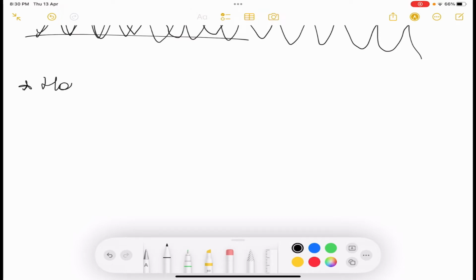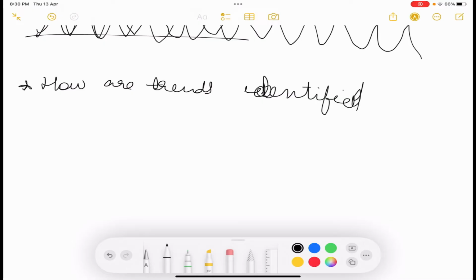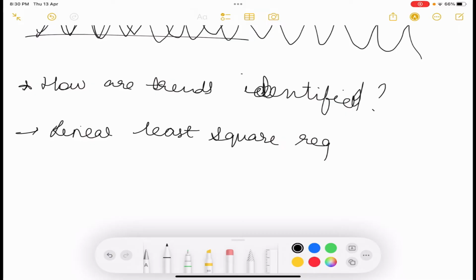So how are trends identified? Linear least square regression. This is one method which is used to identify the trends. This is a statistical method. All right. So how do you actually use this?